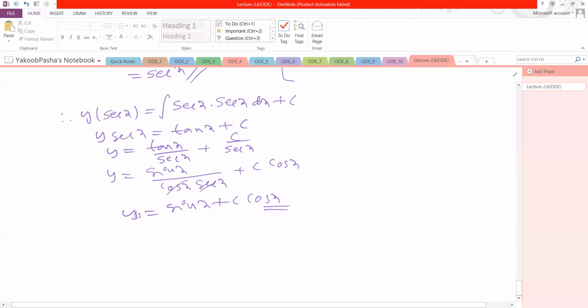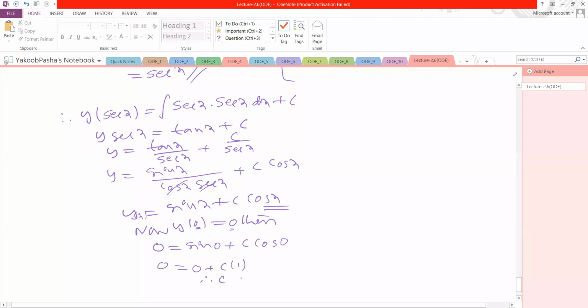Y means it is a function of x. But we are given the condition y of 0 is equal to 0. That means this is y, this is x. So substitute here: 0 is equal to sin 0 plus c into cos 0. 0 is equal to 0 plus c, cos 0 is 1.